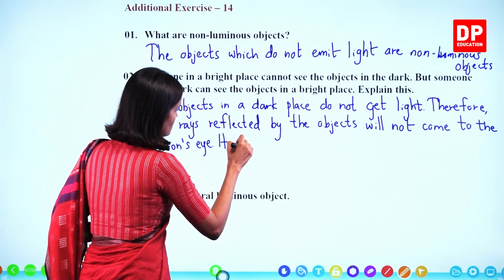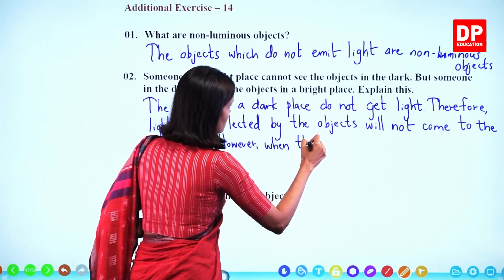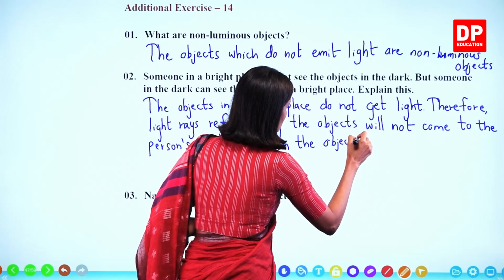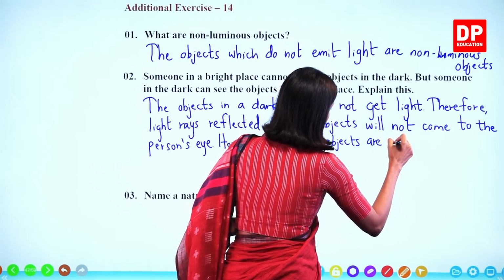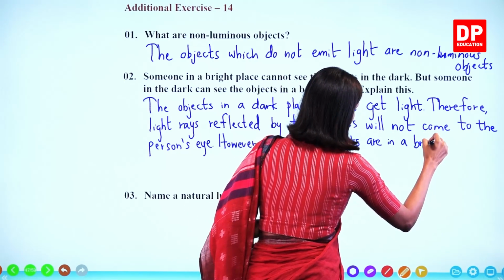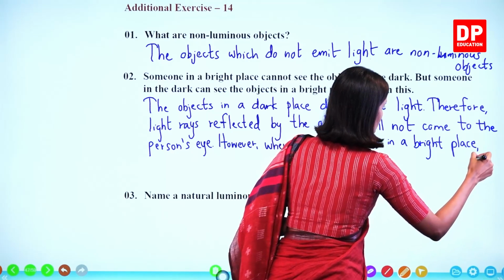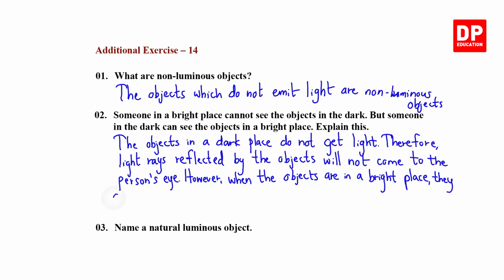However, when the objects are in a bright place, they get enough light.